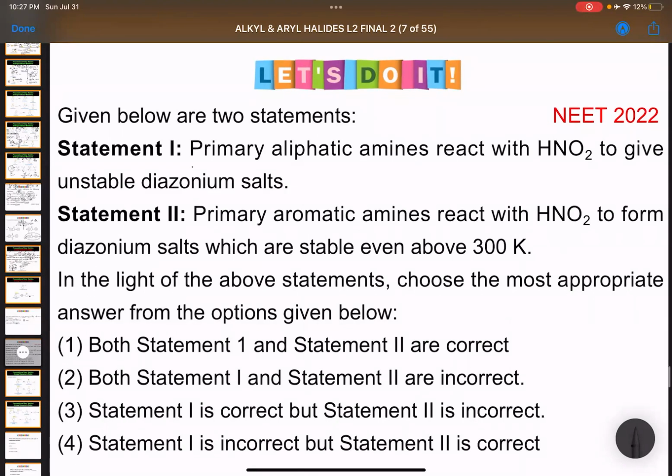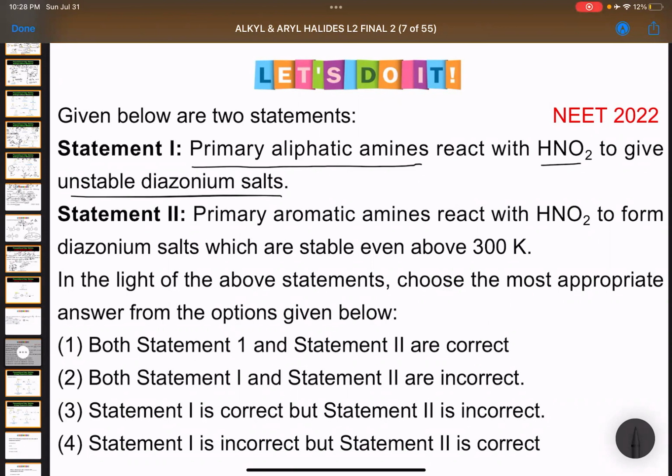So, the statement: primary aliphatic amine. Aliphatic amine means the amines which are connected to an alkyl group like methyl, ethyl, propyl, butyl, not the benzene. A simple aliphatic group reacts with nitrous acid to give an unstable diazonium salt. Yeah, that's true. They will also form an unstable diazonium salt because they have N2 plus, and N2 plus has a tendency to come out as N2.